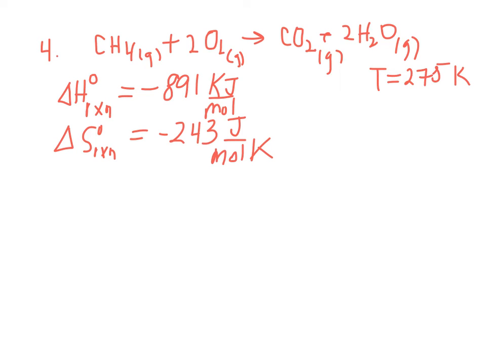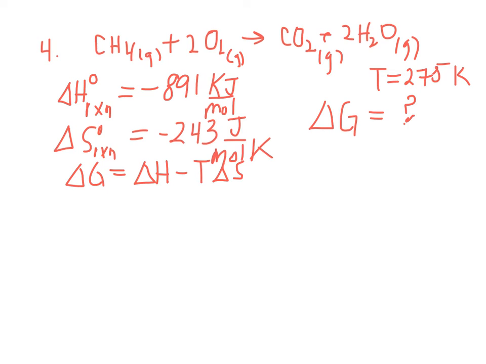And the question is, what is the delta G value for this reaction? Well, there's two big things that you have to pay attention to when you're working this problem. First of all, we're going to write the equation. So delta G equals delta H minus T delta S. So the delta H term and the delta S term both have units for energy, but they are not consistent.